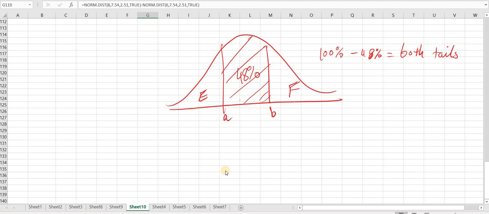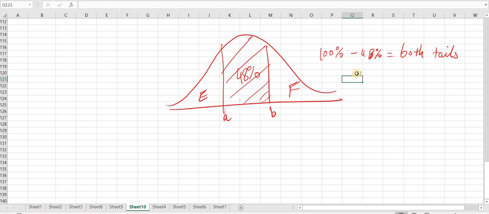So if I say 100% minus the middle area, I'm going to get both E and F added together. So I'm just going to do that. You can say 1 minus 0.48 as well. That is 52%. And then 52% divided into 2, because the area is in the middle, I can do that.